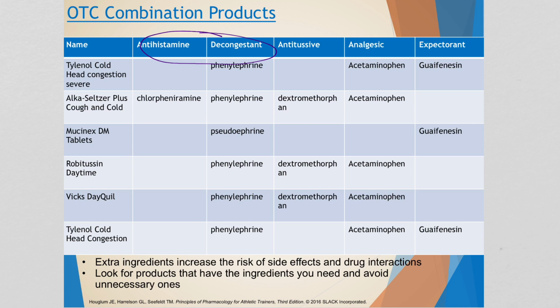So it is common, as you can see in this table, with our Alka-Seltzer Cold Plus medication, for example, to have an antihistamine and a decongestant in the same drug, right? Then we get an additive effect of the two, an antihistaminic response and then also a decongestant response, right? So antihistamines and decongestants can be used in patients with a cold and those that have some type of allergic rhinitis.